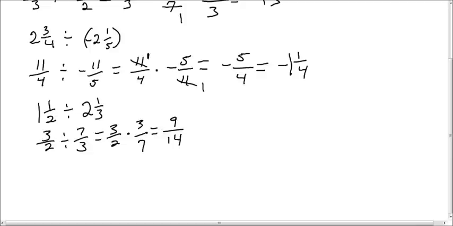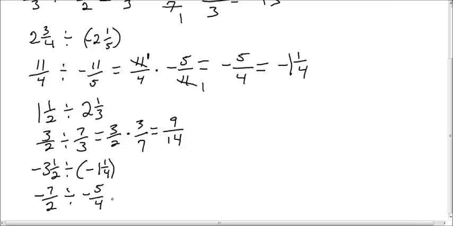Okay, one more, and this way we're taking two negative numbers. Might as well take a look at all of it. So we have a negative 3 and 1/2 divided by a negative 1 and 1/4. Okay, so processing, 2 times 3 is 6, plus 1 is a negative 7/2, divided by negative 4 plus 1 is a negative 5/4.